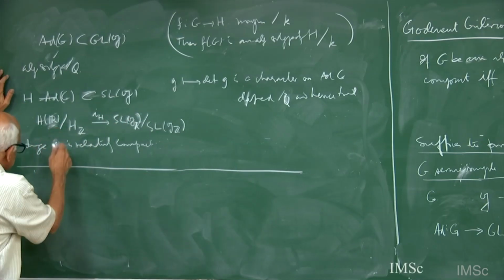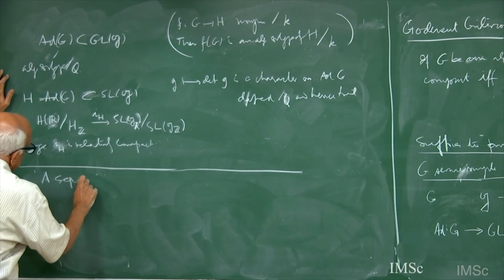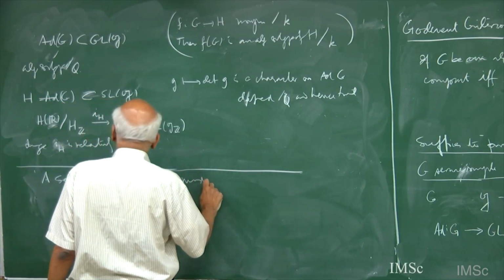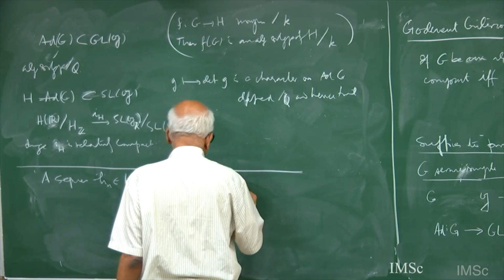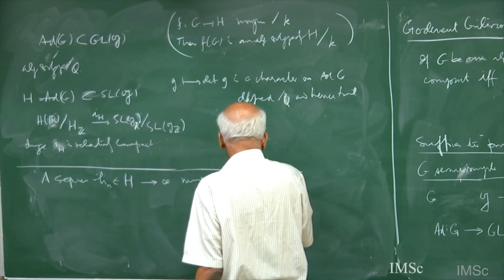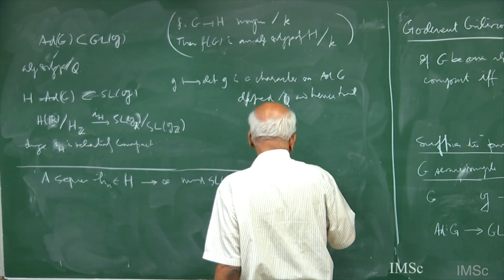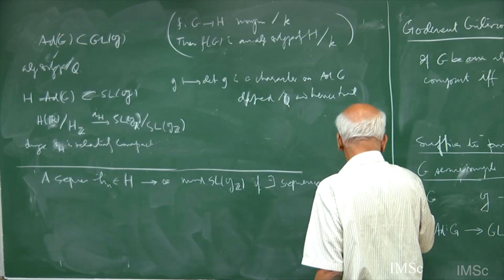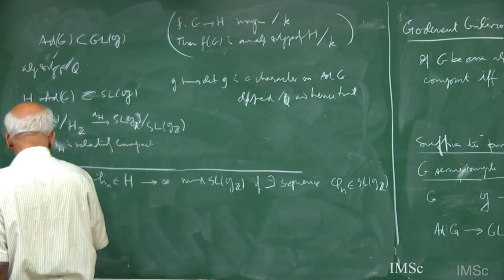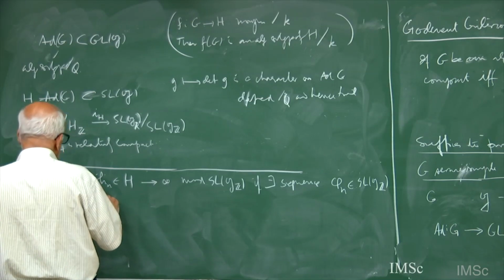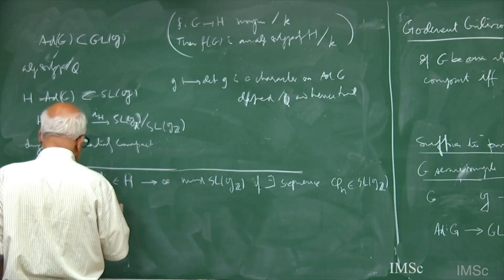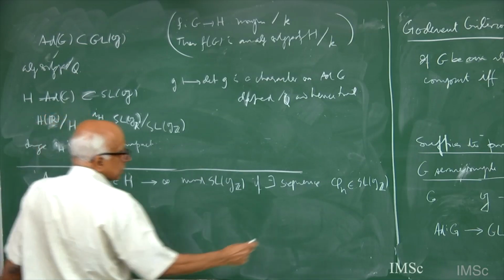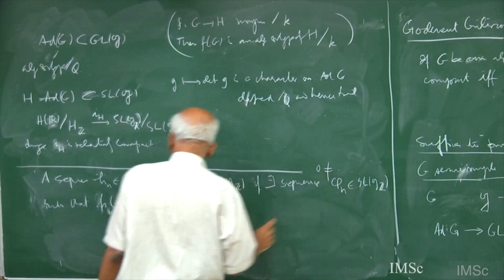The condition is that a sequence Hn in H tends to infinity mod SL(g, Z) if and only if there exists a sequence phi n in SL(g, Z) such that Hn phi n tends to 0.